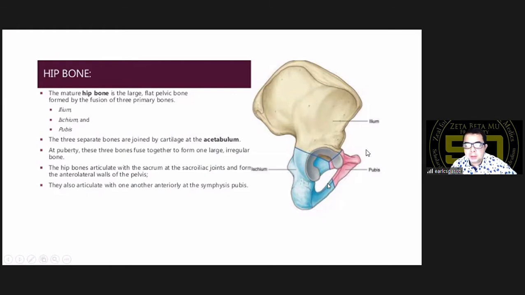The hip bones articulate with the sacrum at the sacroiliac joint and form the anterolateral walls of the pelvis. So posteriorly, the hip bones articulate with the sacrum. Up front, the hip bones articulate with each other to form the symphysis pubis. Symphysis pubis up front, sacroiliac joint behind. Okay?